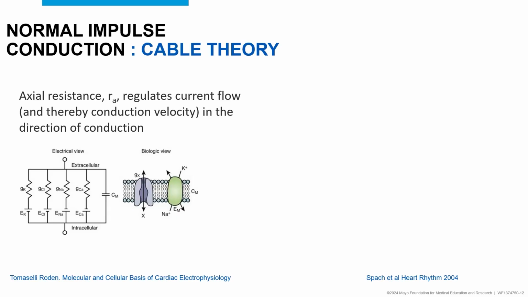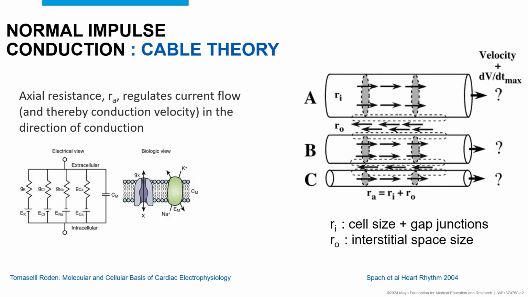It's the primary axial resistance, which is being encompassed in this equation, and it regulates the flow and thereby the velocity of how quickly electricity can transfer down a myocyte, through a syncytium of cells. There is going to be an extracellular resistance, the resistance outside the cell, resistance inside the cell, and it's these gap junctions which are going to facilitate that inside resistance, the internal resistance or the intracellular resistance. That then will dictate how quickly electricity can get through from A to B.